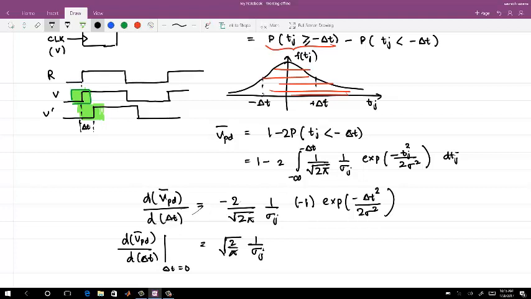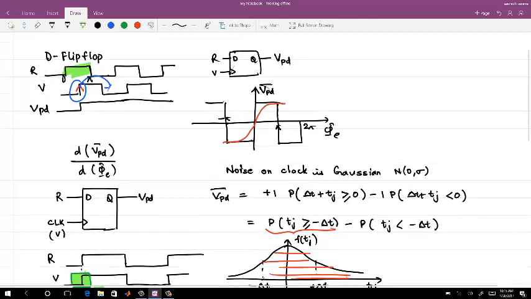So you see this particular flip-flop, which is being used as a phase error detector in the presence of noise, does not have infinite gain at delta t equals 0, but some finite gain. And what is the range of operation?